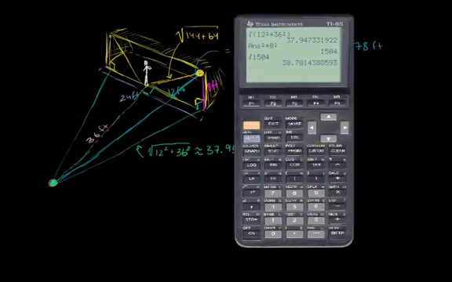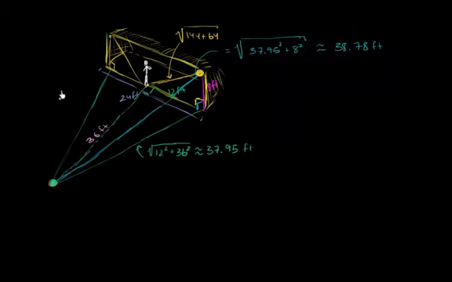So that's going to be the square root of 144 plus 64, which is equal to 14.42 feet.